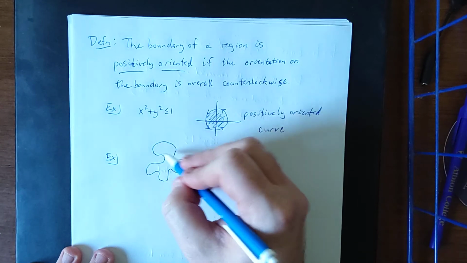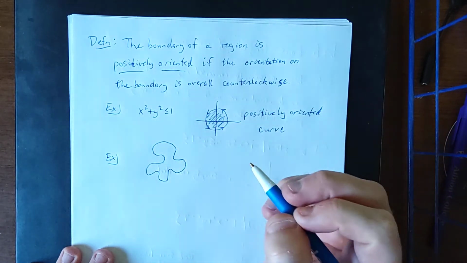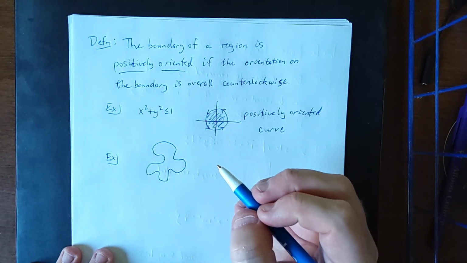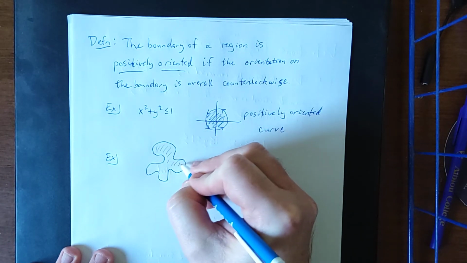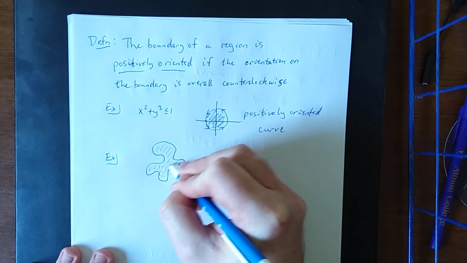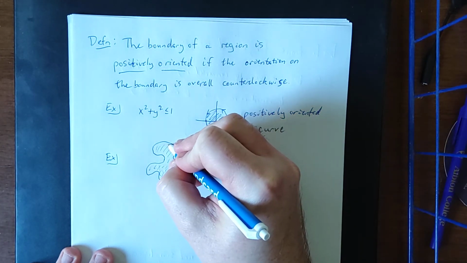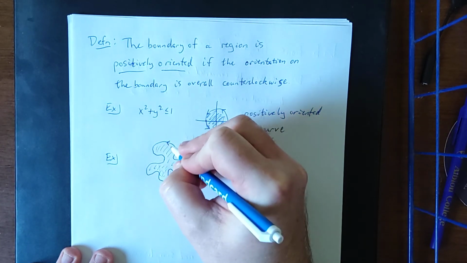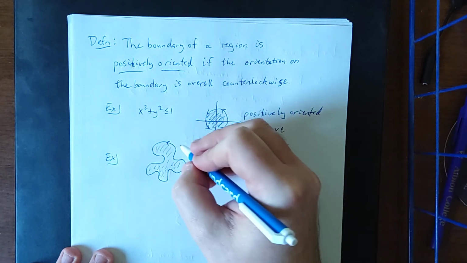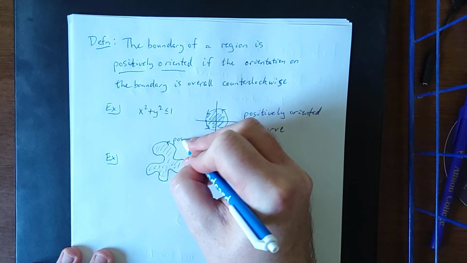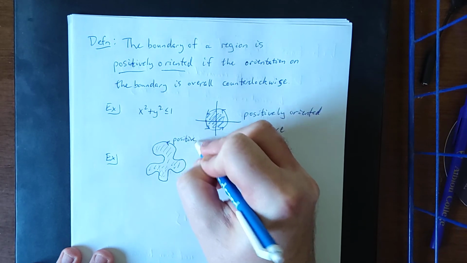Now overall, I realize that we're not always necessarily going clockwise or counterclockwise here. But if we take on the same mentality and consider this to be a walking path, then walking in this direction would put my left arm over the region and my right arm outside of the region. This would be a positive orientation.